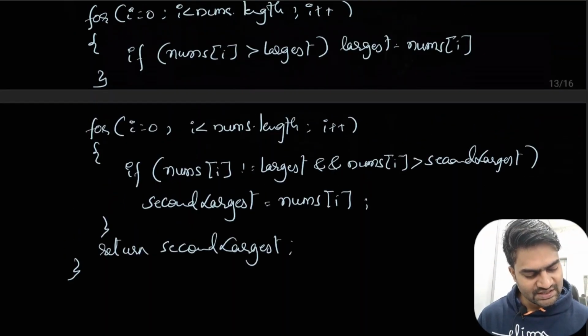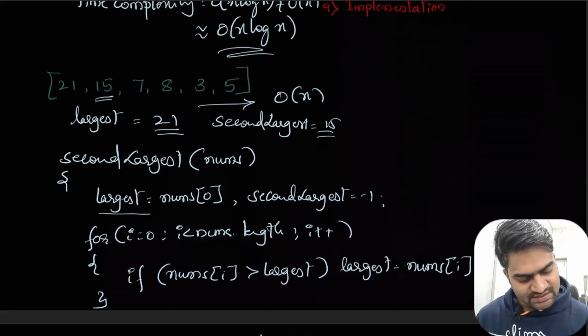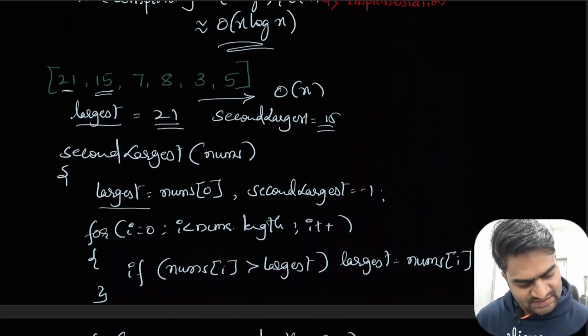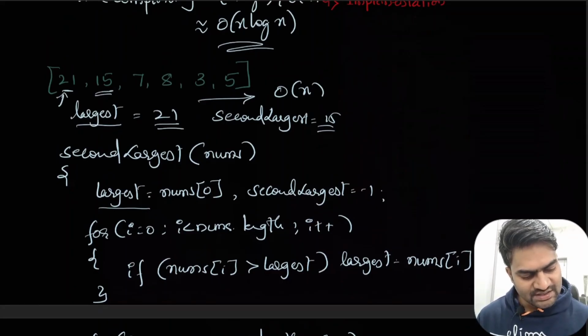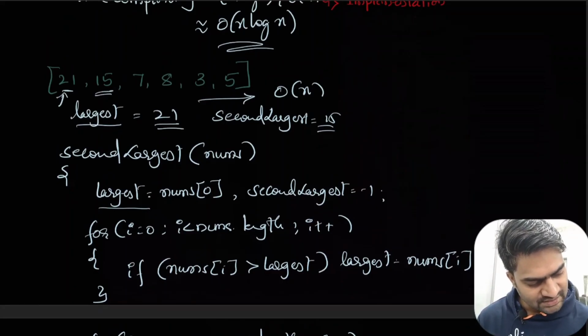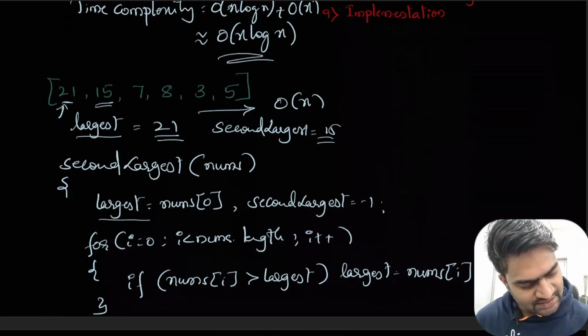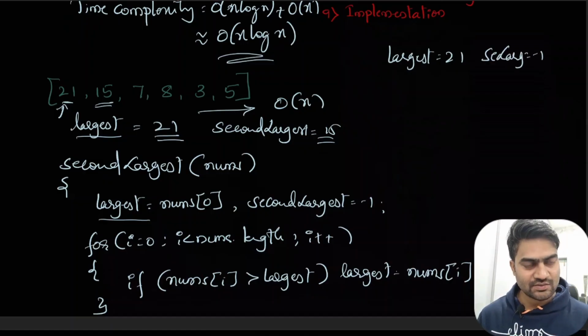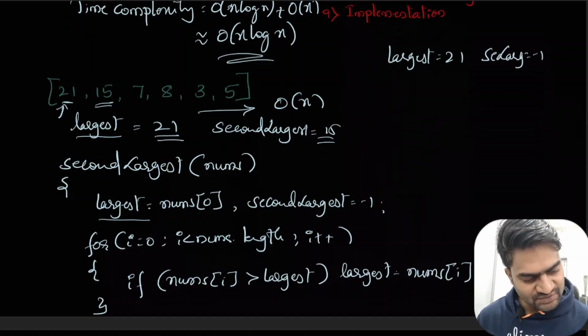So if you see, first it will find the largest, it got 21, and in the second iteration it will start from 21. So largest equal to 21, second largest equal to -1 now. Now it will start from 21.